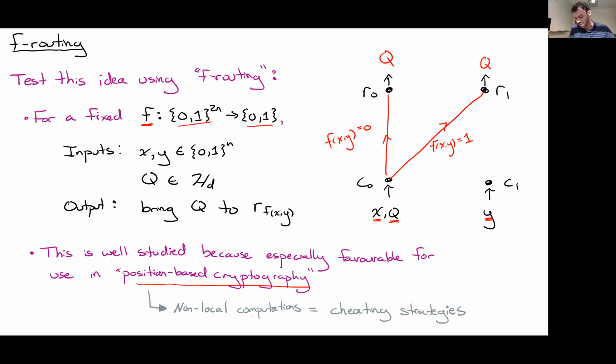In particular, implementing this non-locally corresponds to cheating in that cryptographic scenario. So people are especially interested in understanding, for a given function, how much entanglement it requires to do it non-locally, i.e. to cheat. Because if it's lots of entanglement, then we think the crypto is secure, and if it's a small amount of entanglement, then it's insecure. This is sort of an aside.